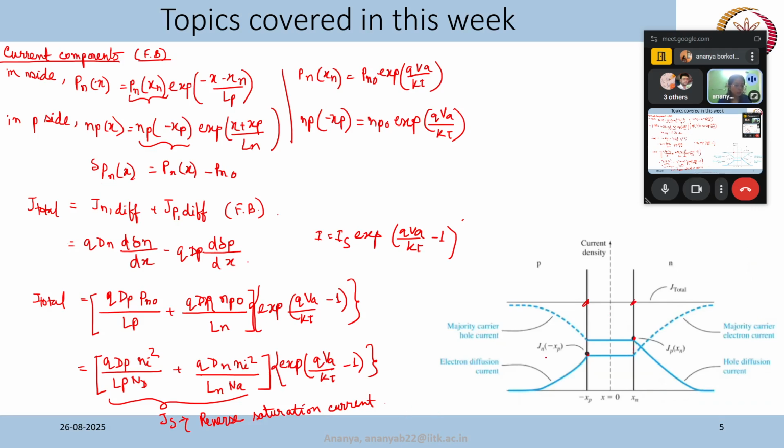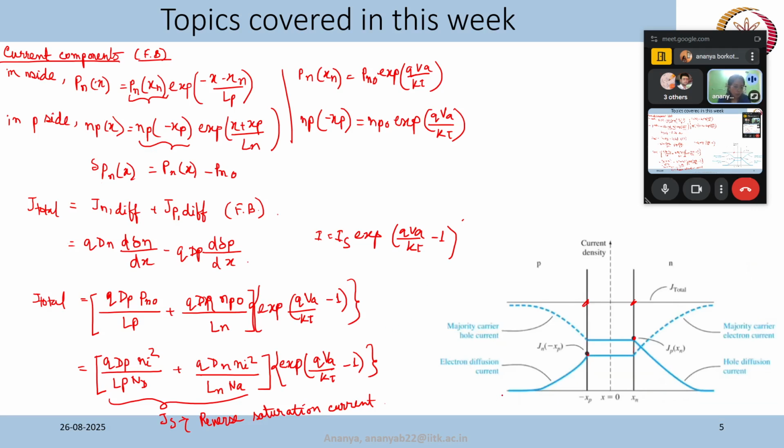Actually, we know the hole current component at this position at xn and electron current component at xp, but we can consider that these are continuous, and that's how we are calculating our total current component. We are saying that this total current is constant. That is why this equation is valid everywhere in the junction, everywhere in the diode. But we are actually calculating only at the edge of the depletion region.